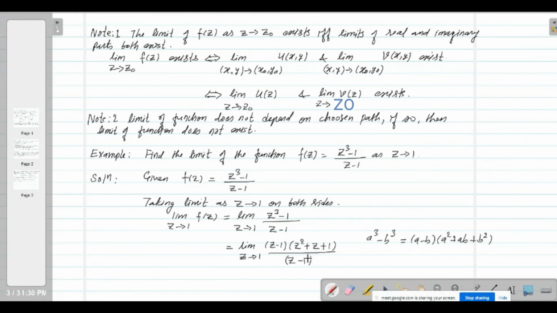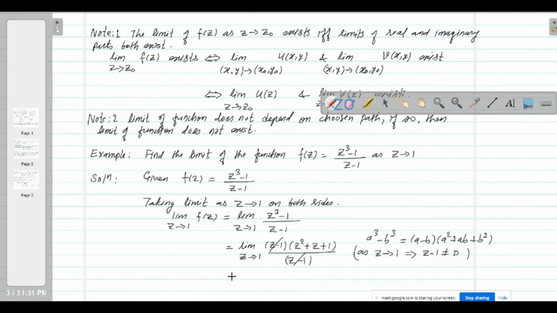So this quantity and this quantity will cancel. Why is this so? As z tends to 1, z minus 1 is not equal to 0. This is the reason behind that.